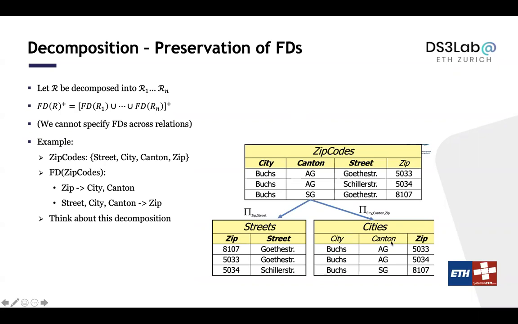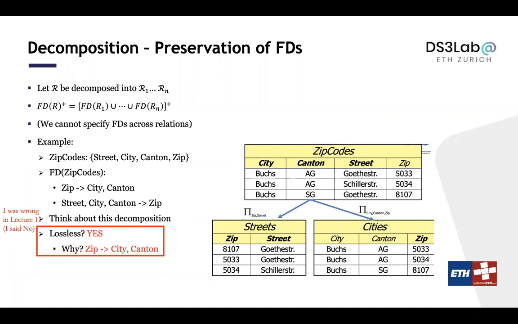Now, multiple questions. First one, is this decomposition lossless? Here I made a mistake in lecture 11. I said no, but actually yes. Thank you for realizing this. I was wrong when I talked about this. This decomposition is actually lossless. Why?